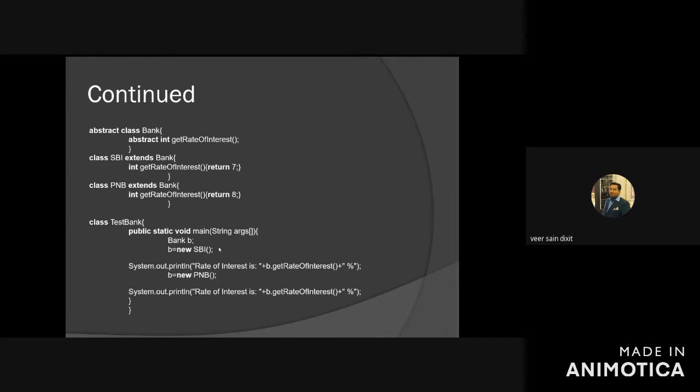So the meaning of this is that in the object reference of abstract class, whatever subclass reference you assign, the method of that subclass will give the result, right? So again I am repeating that you have created an abstract class.